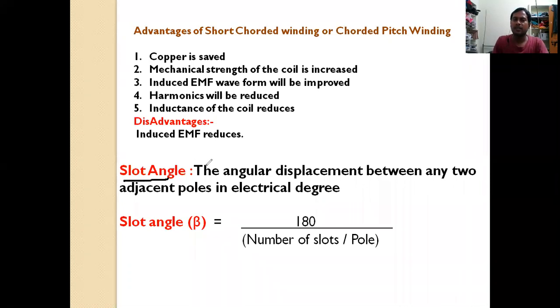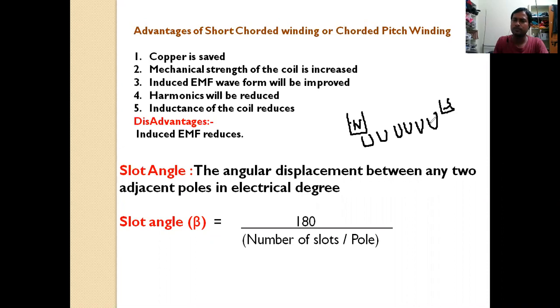Slot angle, we already discussed, is nothing but the angular displacement between any two adjacent slots in electrical degrees. That is a slot angle. The slot angle is measured simply like this: this is a north pole and this is a south pole.